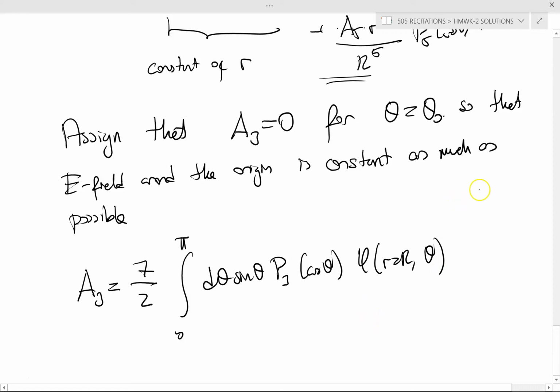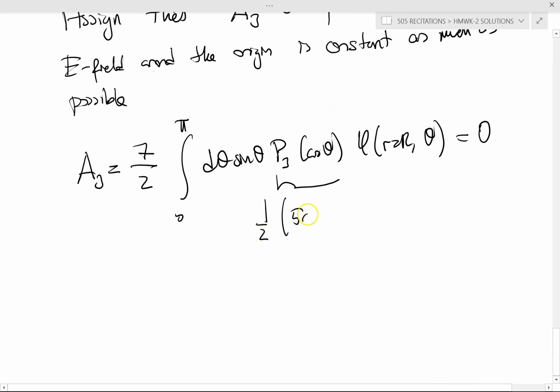It needs to be equal to 0. Okay, I have already written it down: 1 over 2, 5 cosine cubed theta minus 3 cosine theta.